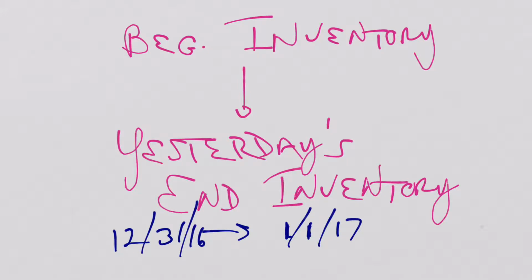So nothing's changed in the inventory, unless there's some crazy guy down at the warehouse at the stroke of midnight on New Year's Eve fooling around with the inventory. Nothing's changed. So the ending inventory becomes the beginning inventory. I use this with every class, and everyone usually looks at me with starry eyes as to what the heck he is talking about.